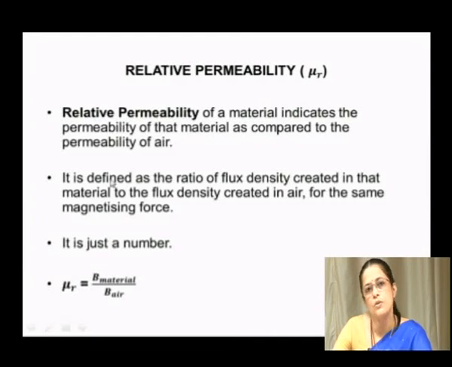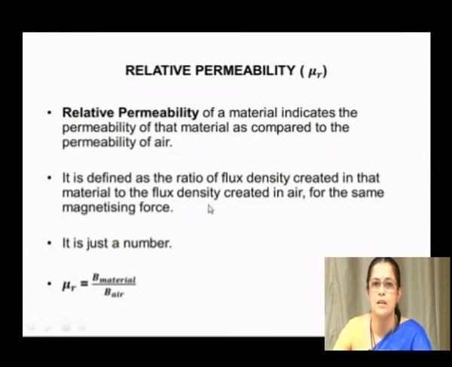Now, coming to the definition, it is defined as the ratio of flux density created in that material to the flux density created in air for the same magnetizing force.